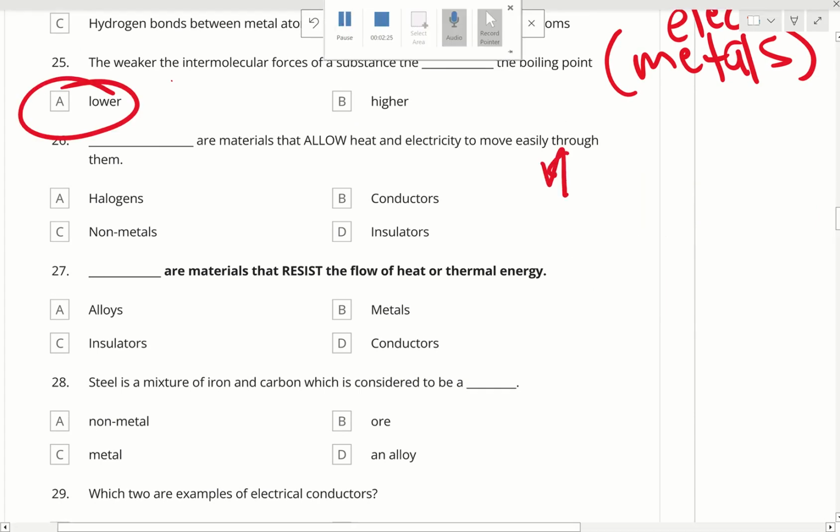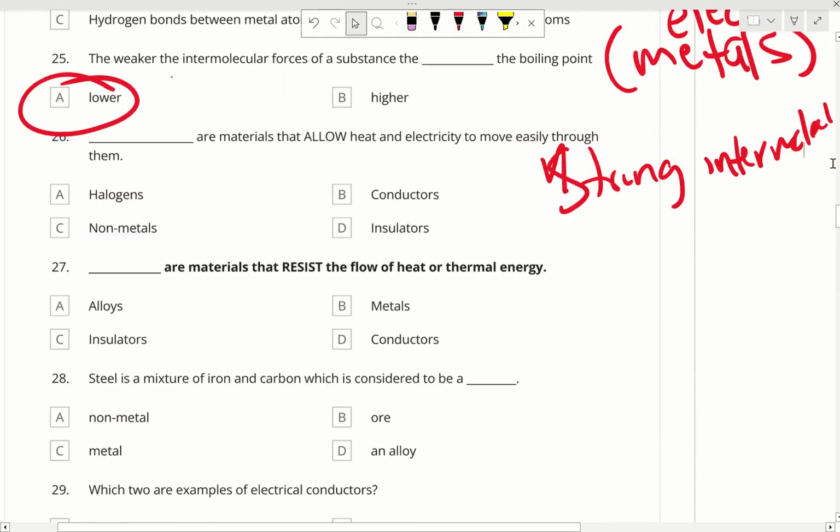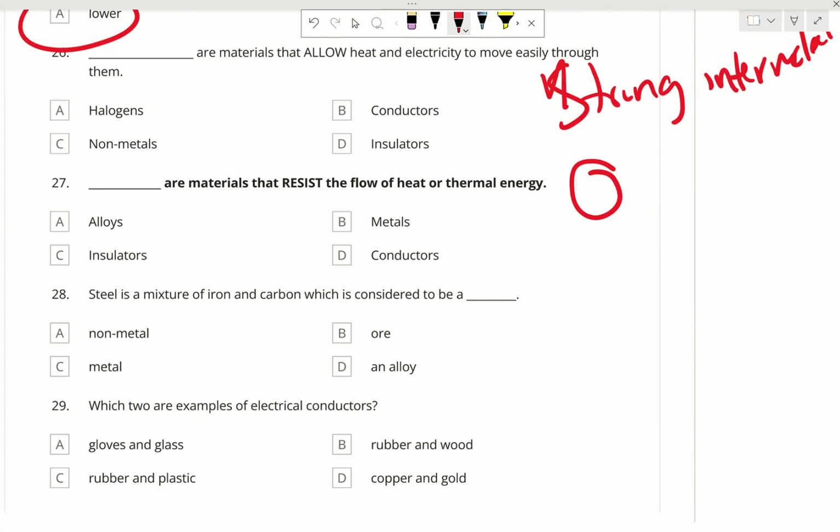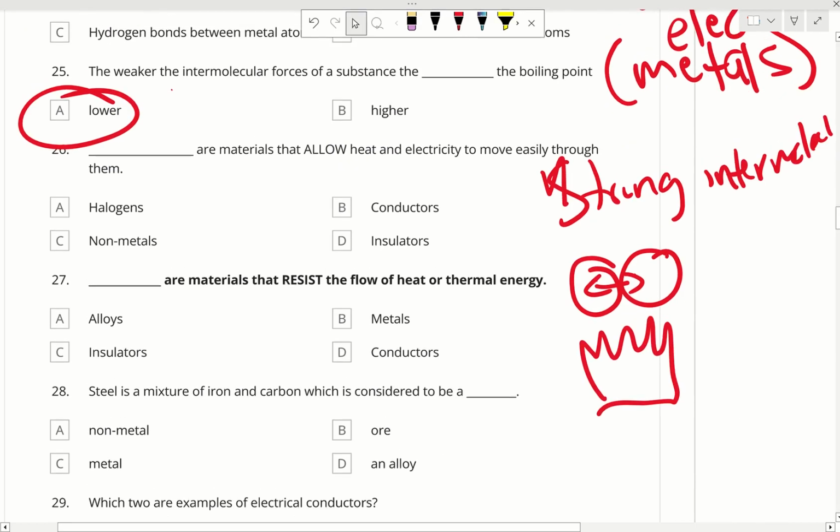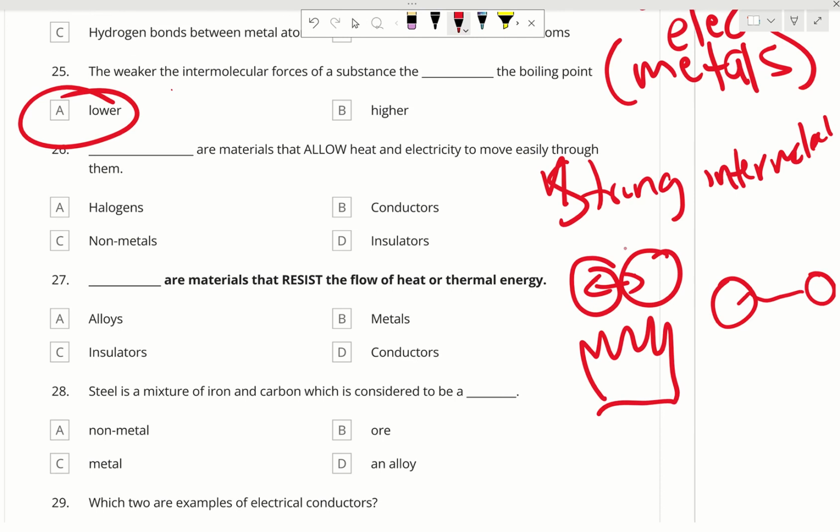If I have strong intermolecular forces, I like to think of it as these two, they hold on to each other very strongly. You need a lot of heat to break these forces. But if they have a very weak intermolecular force, you only need a little amount of heat to break it.